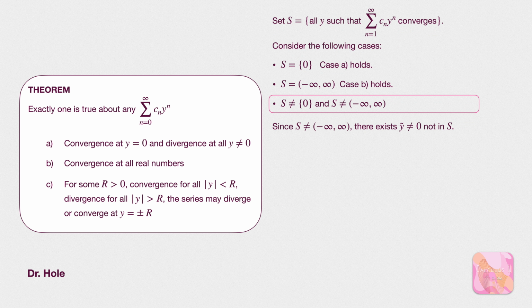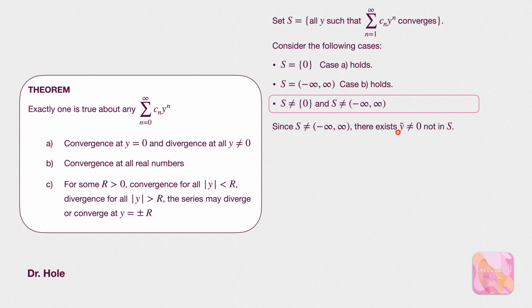Let's start first with the second condition, that S is not the entire real line. Remember that S is all values such that we obtain convergence. If S is not the entire real line, then we can find a value which is not just the origin or the center.